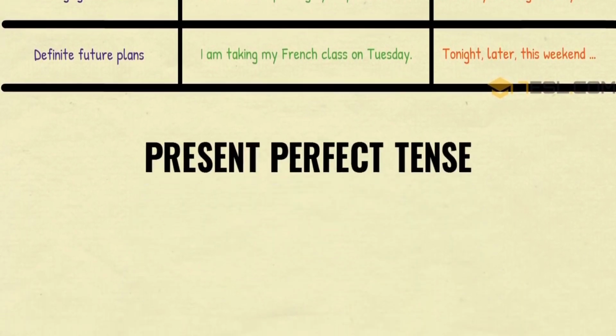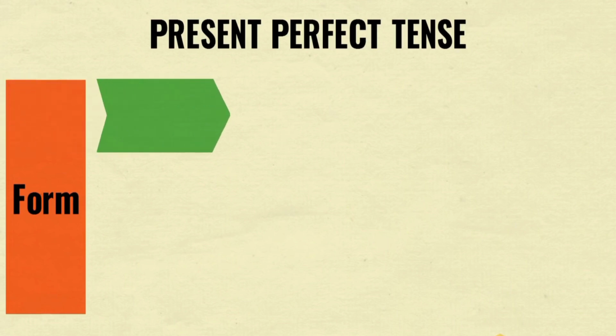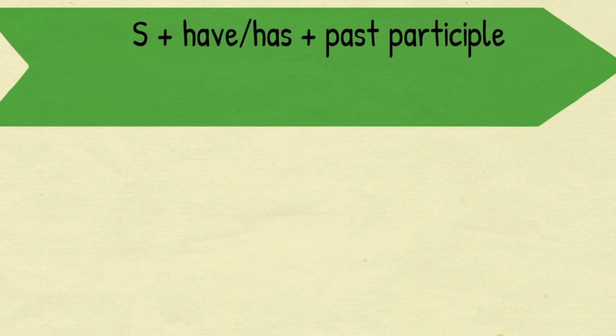Present perfect tense. Form. Affirmative. Subject plus have or has plus participle.